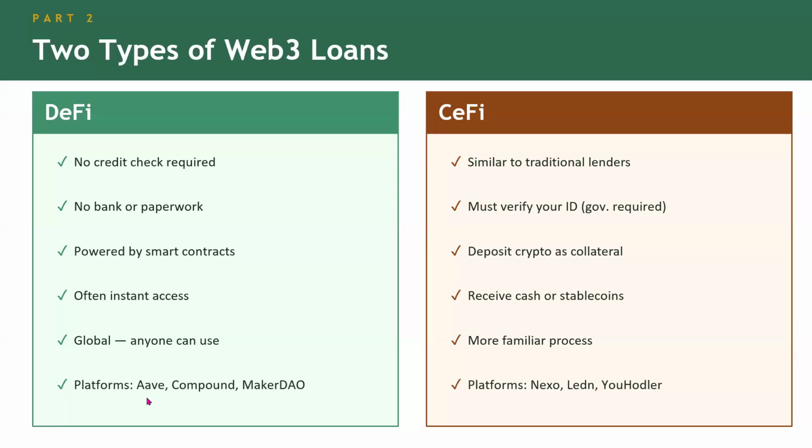And the platforms include Aave, Compound, and MakerDAO. And then we have what's known as CeFi. This is similar to traditional lenders. You must verify your ID. You must deposit crypto as collateral. You receive cash or stablecoins. It's a more familiar process, and the platforms include Nexo, Ledn, and Hodlnaut. I think that's how it's pronounced.